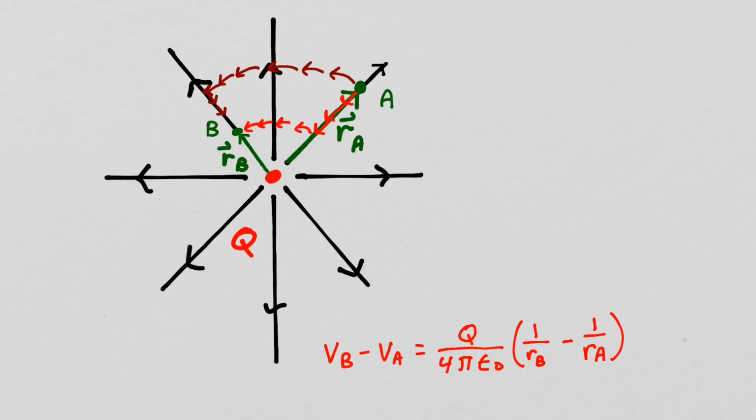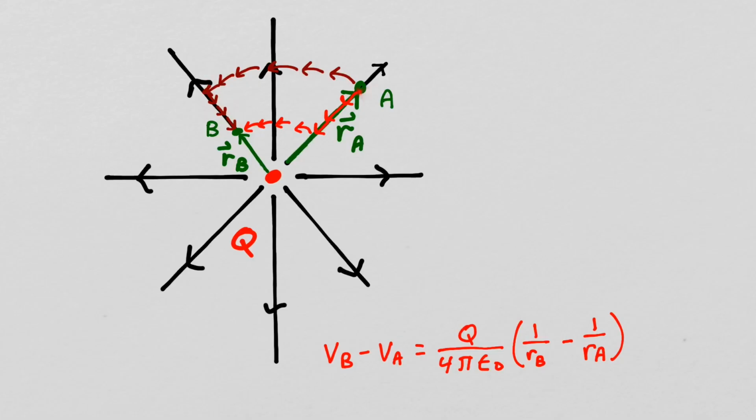We start out moving perpendicular to the electric field, so we do no work along this path here. All the work is done then when we're moving in the radial direction to point B. So for both these paths, the only time work is being done is when we're moving in the radial direction.